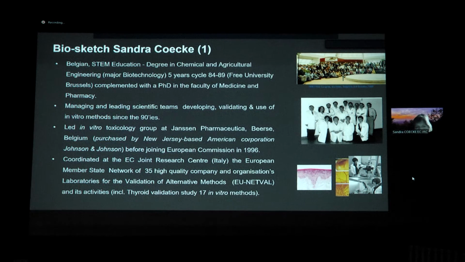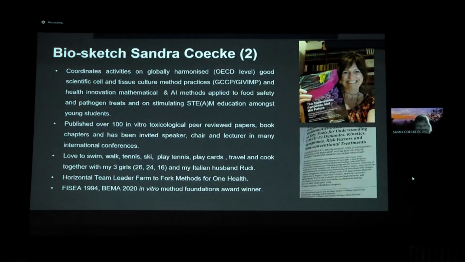And my track continued, and I started to coordinate and work a lot at OECD level over my career to embrace, let's say, these good cell and tissue culture practices or good in vitro method practices, as Armin introduced.